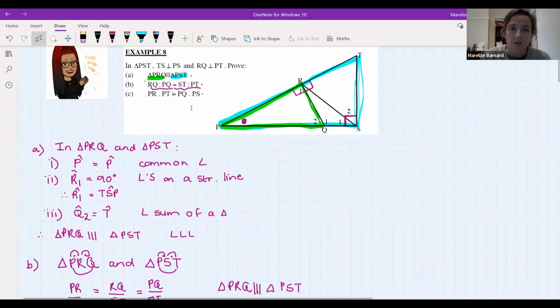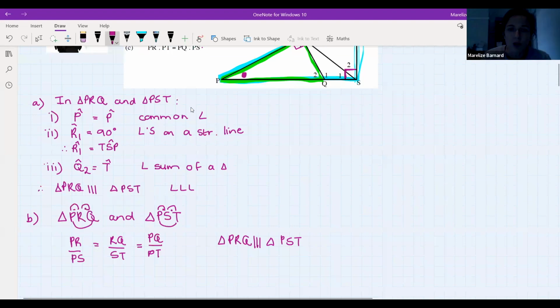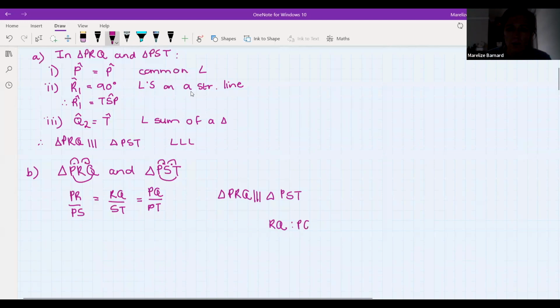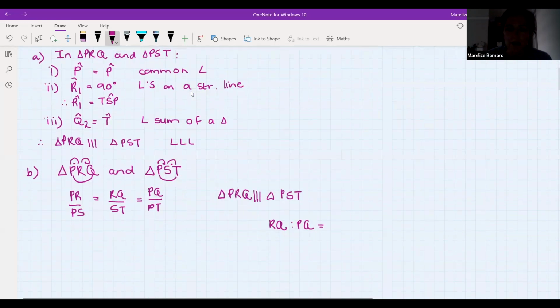So I'm just going to write it here as a little note to self. Oh, there goes my electricity. What I need to prove is that RQ to PQ is equal to ST to PT.